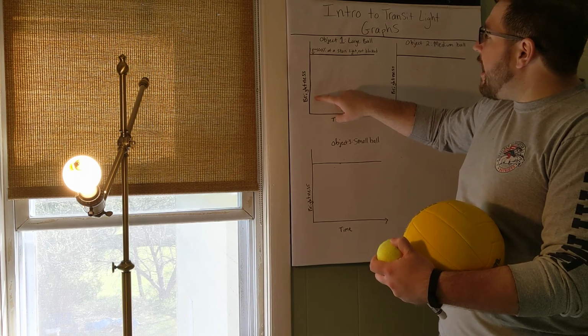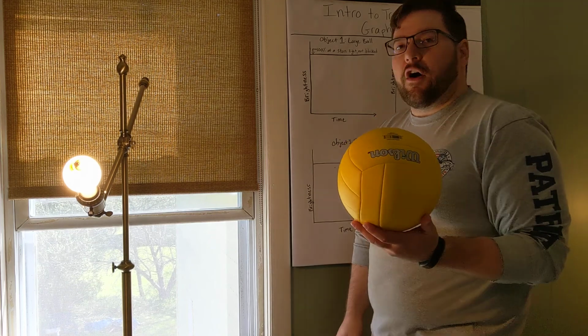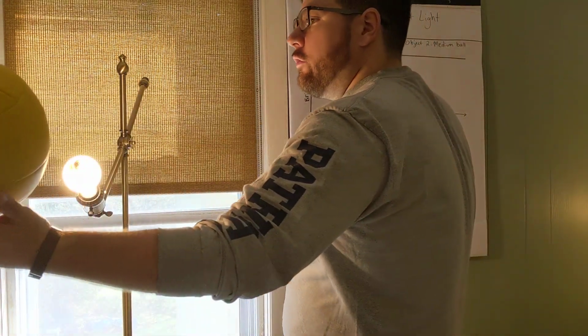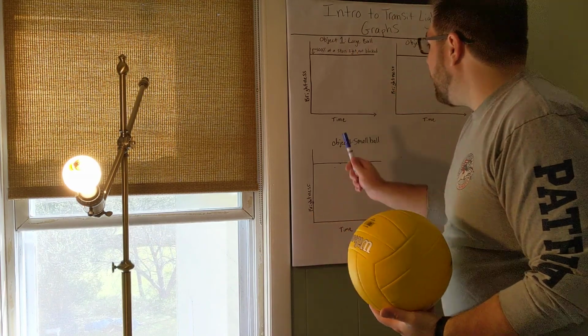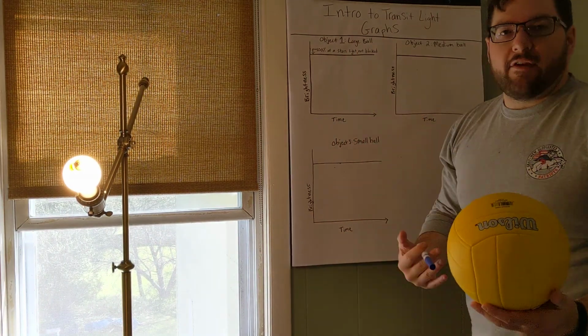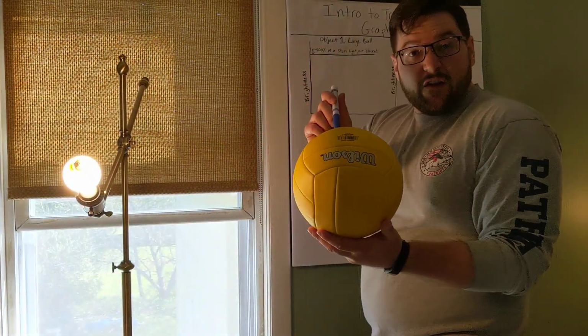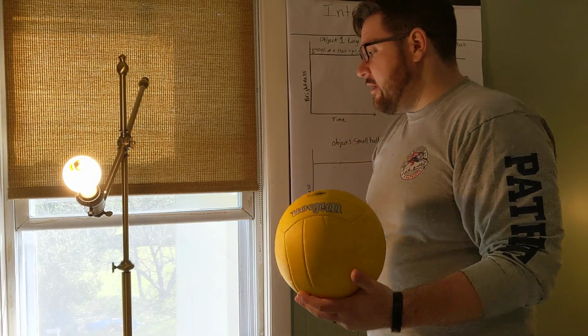Meaning that if I were to draw every single time this volleyball passed in front of the star as a graph, let's picture time in days. Maybe every 10 days or so, this is passing in front of the star, which means that this is a really fast year. This planet would only have a 10-day year.